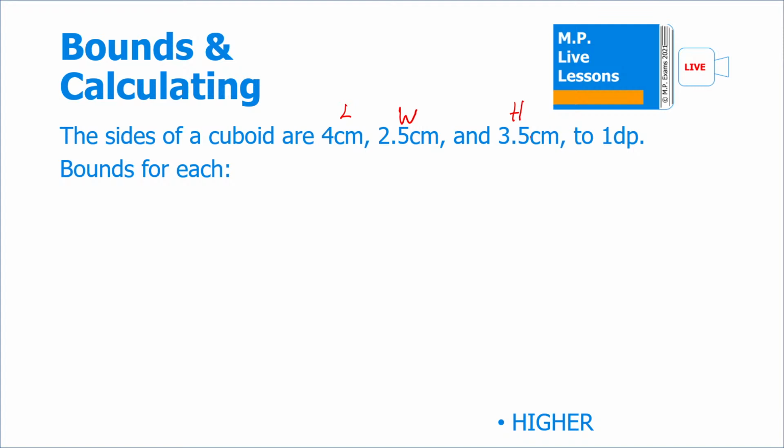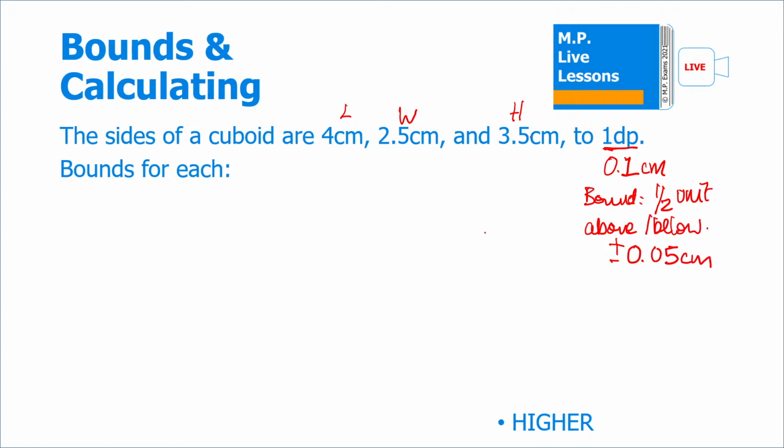Since this is to the nearest 0.1 centimeters, if you do an error interval or bound, that's half the unit above or below. So in this case, it's plus or minus 0.05 centimeters. And remember that the upper bound is not included.